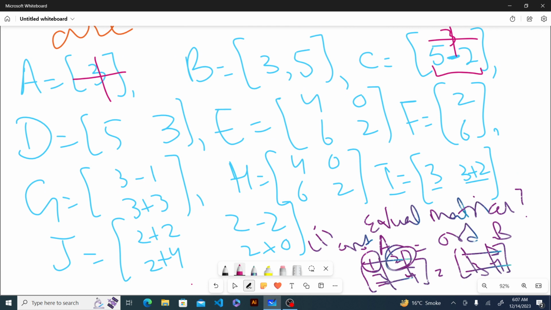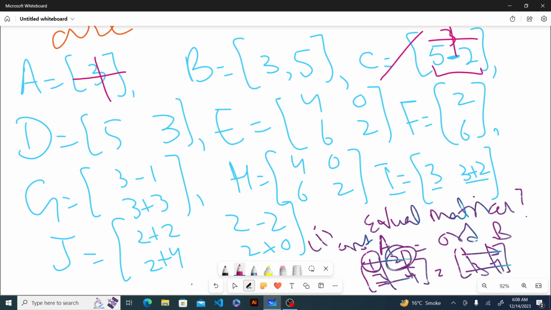Now let us look at B. B has two elements. We leave E, obviously, because it has a different order, two rows and two columns, whereas B has one row and two columns. So we have to find one row and two columns.